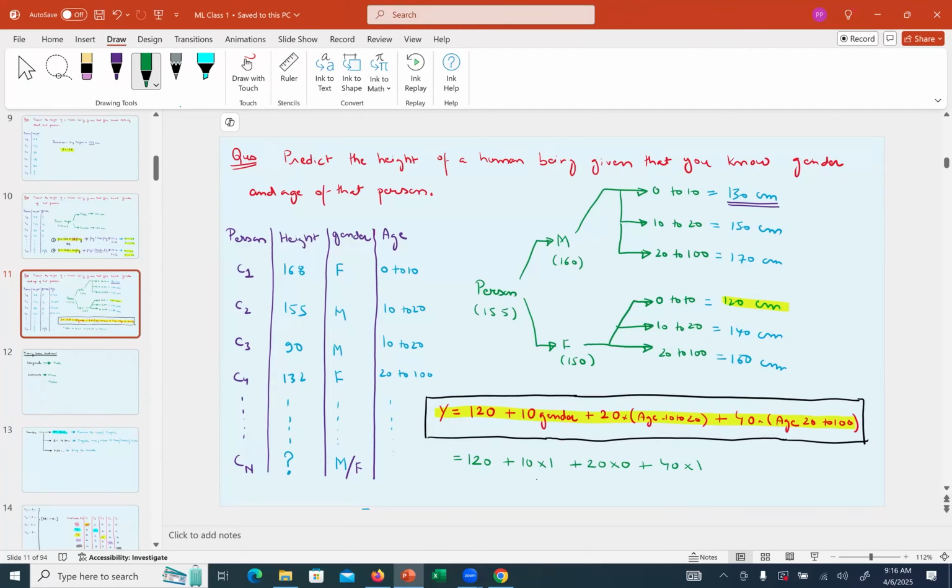He is 22 years old. So it will become 120 plus 10 plus 0 plus 40. That is 170 centimeters. Which is the same as what we have over here.